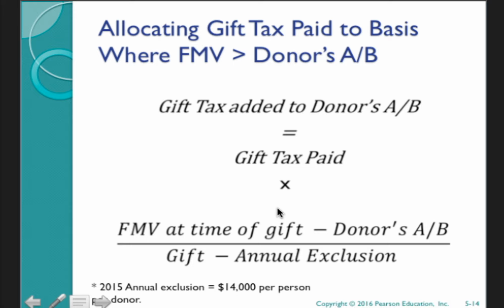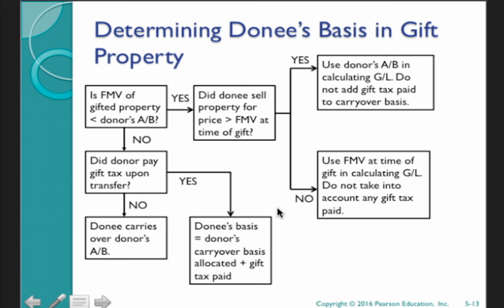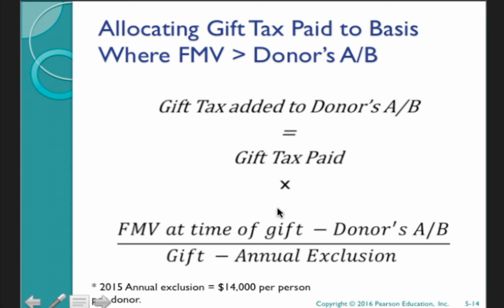You would add that to the adjusted basis, and then obviously if you look back here, the donor's adjusted basis does come into determining what the donee's basis is in the property. So that is an issue to take a look at.